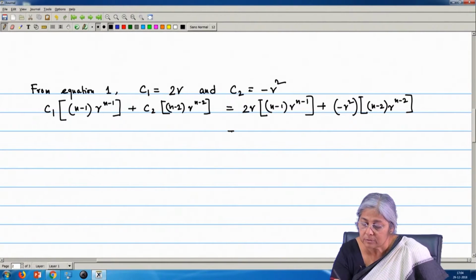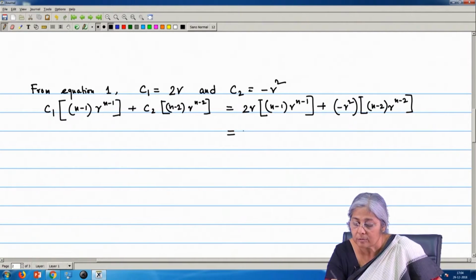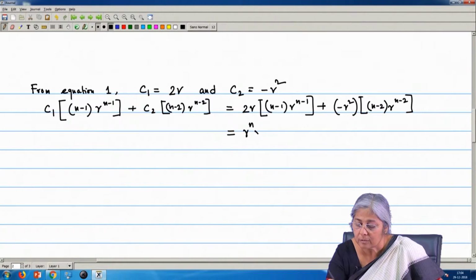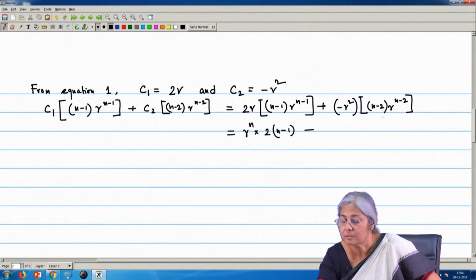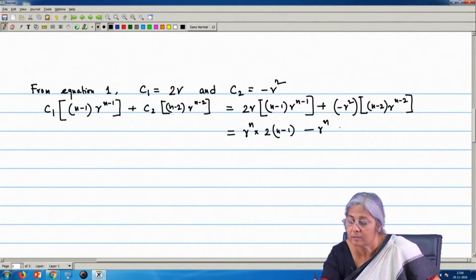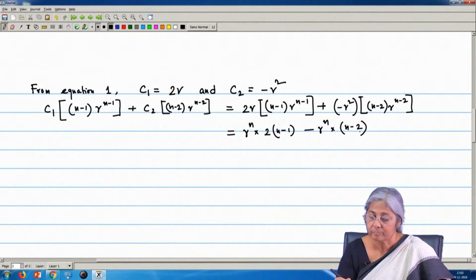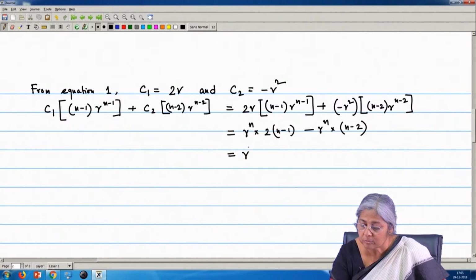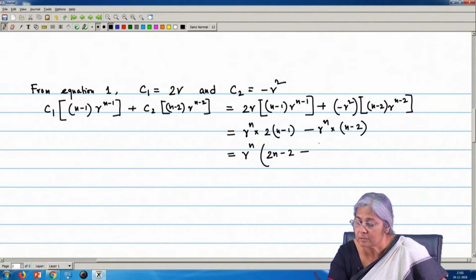This becomes r to the power n into 2 into n minus 1, minus r to the power n into n minus 2. Taking r to the power n common, we get 2n minus 2 minus n plus 2. So, I get n r to the power n.